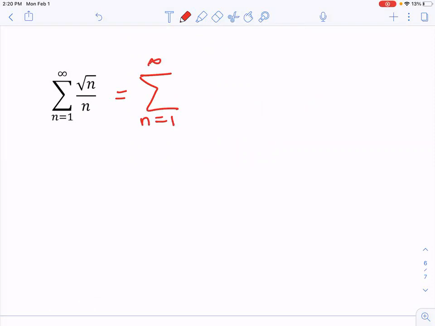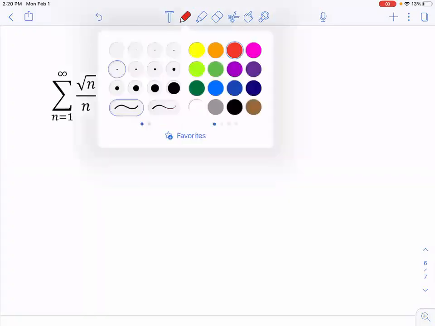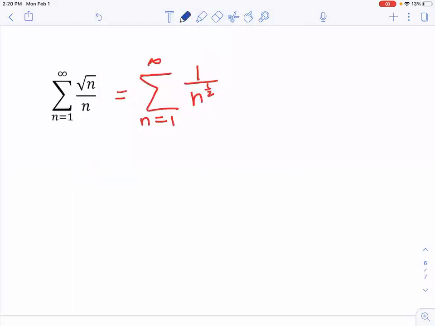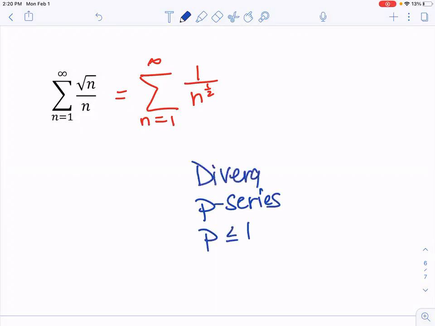So instead of radical n over n, you would want to rewrite this as 1 over n to the 1/2. Now this looks like a p-series. Now you can say that this is a p-series where p is less than or equal to 1, so we know that it diverges.